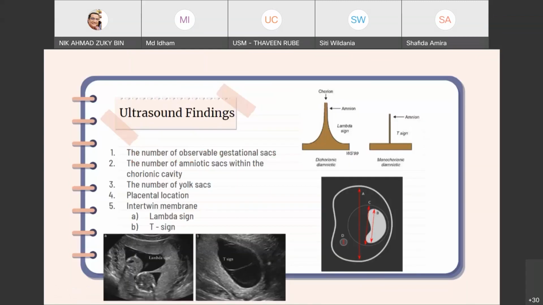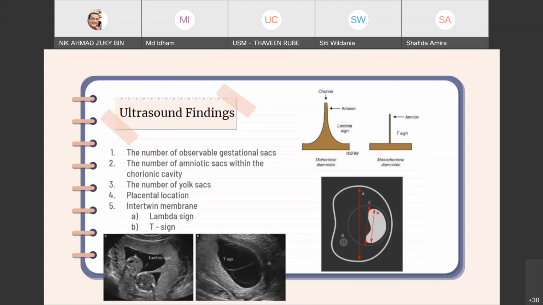Go back to the previous slide. On ultrasound, you can see the number of IUGS, how many IUGS you are able to see. It refers to the gestation, the number of fetuses. Then the number of amniotic sacs within the chorionic cavity will give you some idea about the type of twin.